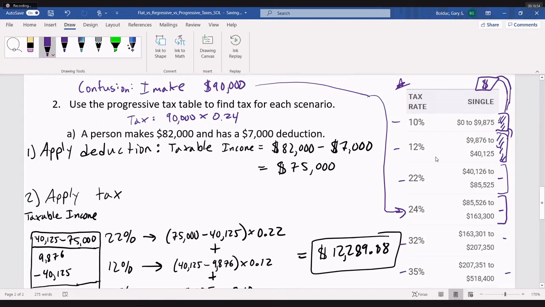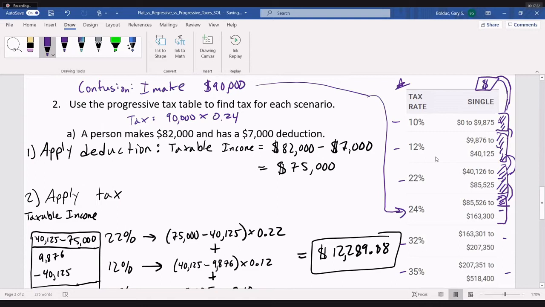Okay, you get hit with 12% on that amount. But if you had even more money than that, it then spills out into this bracket. And maybe we'll do one more. So it fills in this one, and then it spills out here. And in this case, we only fill up a little bit of this bracket, not the whole thing. So we'll get taxed on whatever is left over at 24% in here, because 90,000 only fills up a tiny part of that little bucket.